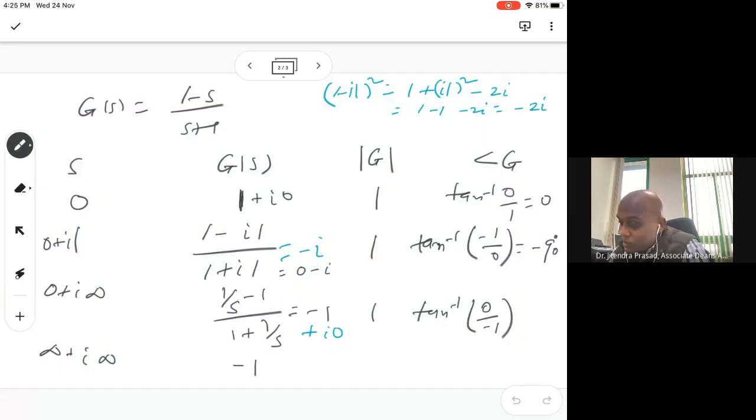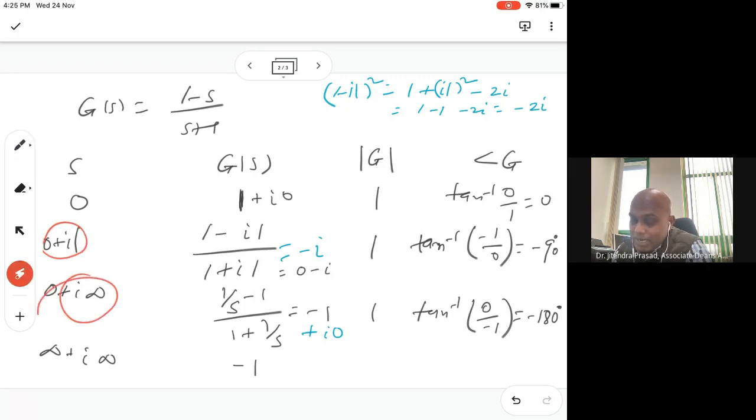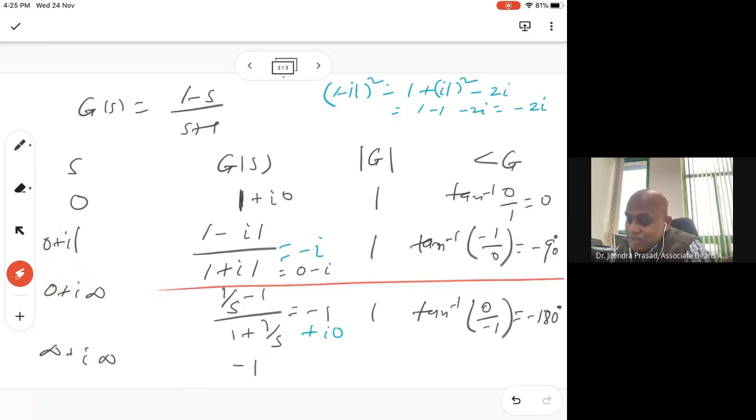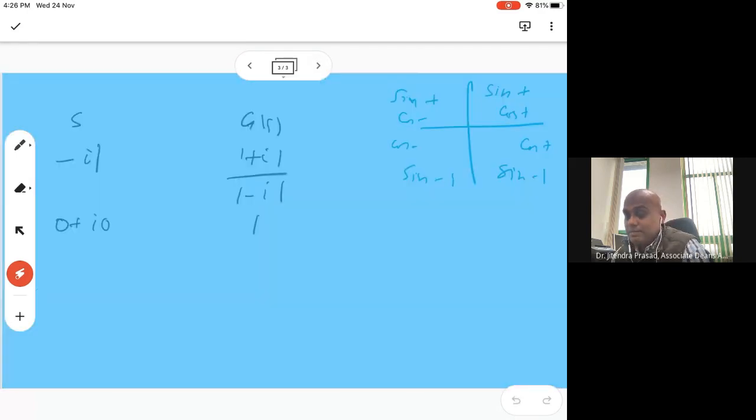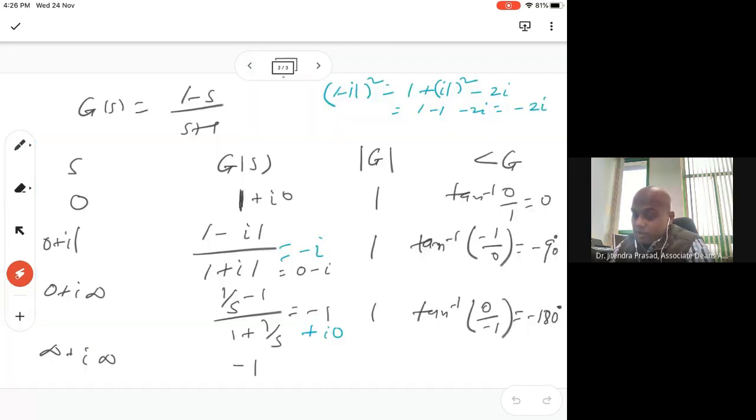Okay, in order to confirm whether it is really minus 180 degrees, you can take an intermediate value between this and this, say 0 plus I5, and you can see you get a value which will be between minus 90 and minus 180. Then you know that this is increasing from 0, it is going from minus 90 to minus 105, let us say, to minus 180. Right? So this is why we will write minus 180 here. Okay. Any question, guys?